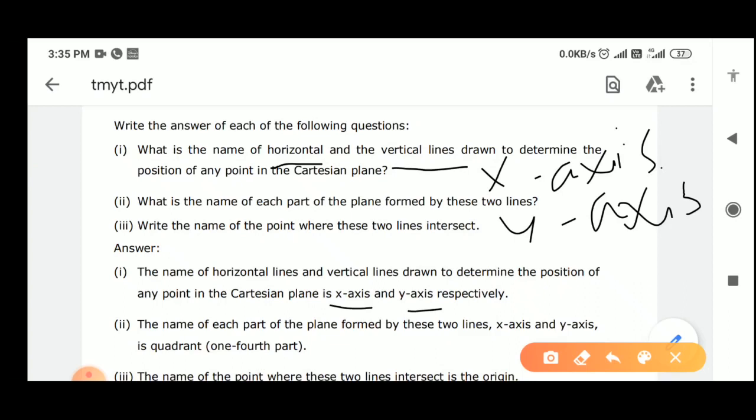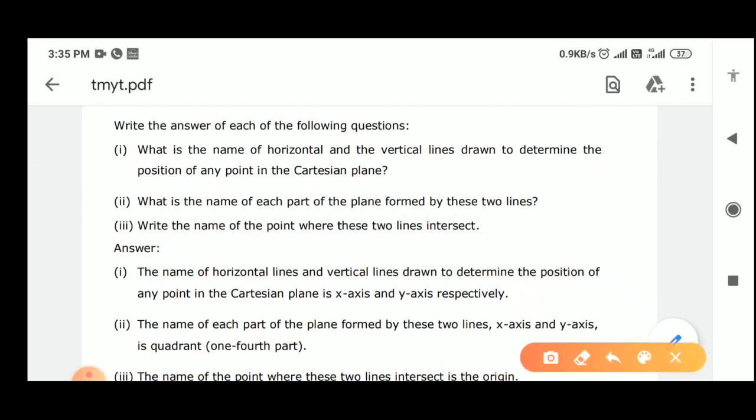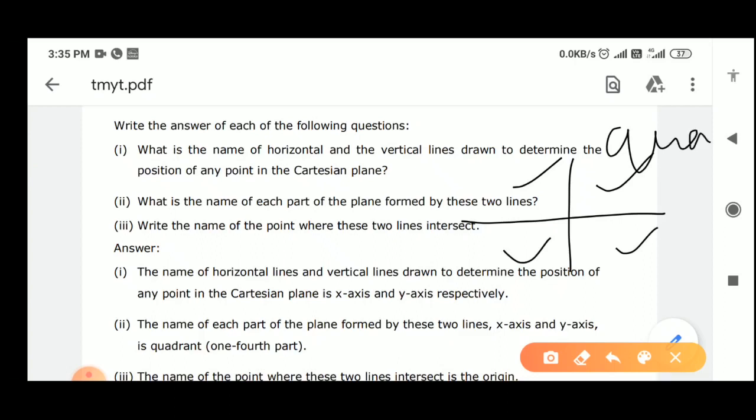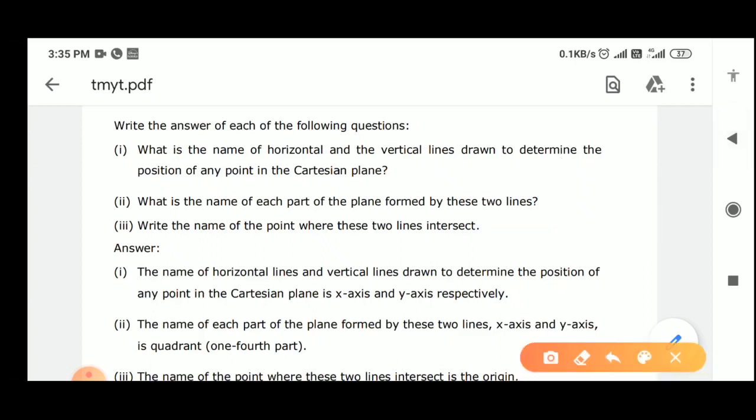Second point: what is the name of each part of the plane formed by these two lines? When these two lines intersect, we get the Cartesian plane, and each part, this part, this part, this part and this part, is called a quadrant.